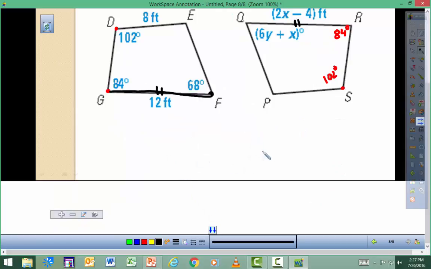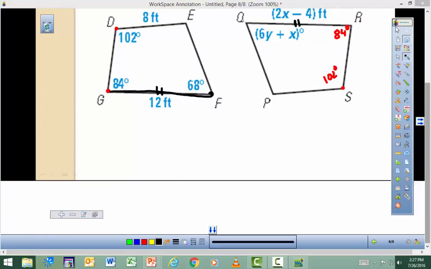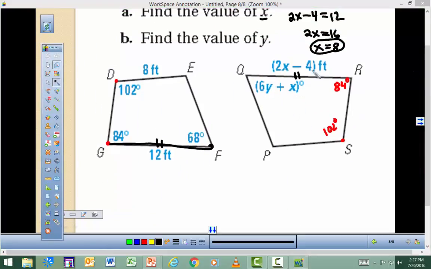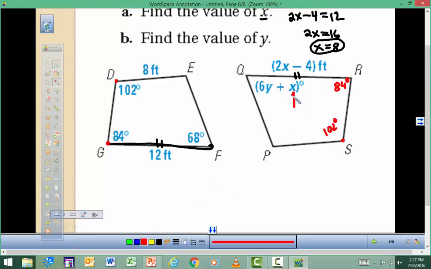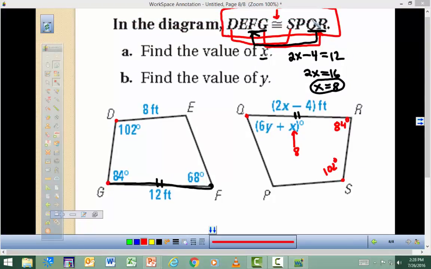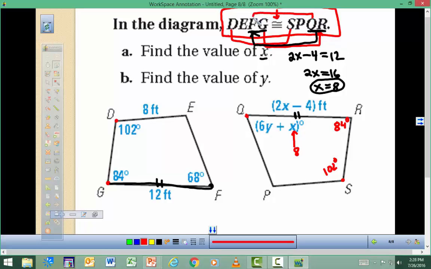Now that we have x figured out, we can substitute x in right there. That's going to be an 8. But what we want to do is find out Q here. Q matches up with which angle over here? There are 4 angles. Looking back at our congruent statement, we know that Q must match up with angle F. It's in the 3rd spot, so that's also in the 3rd spot.